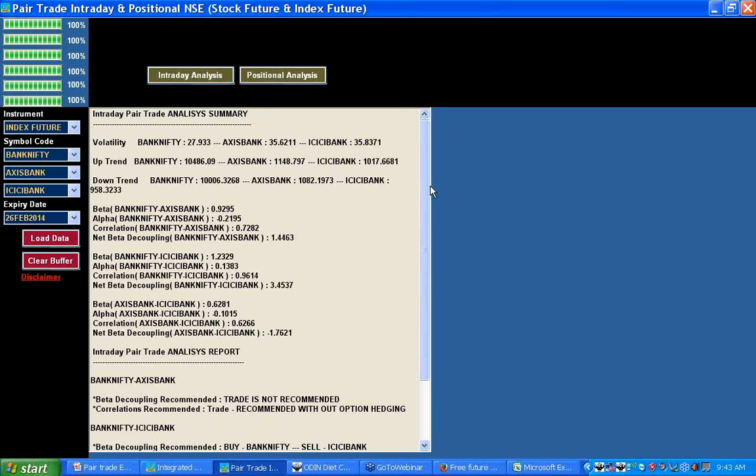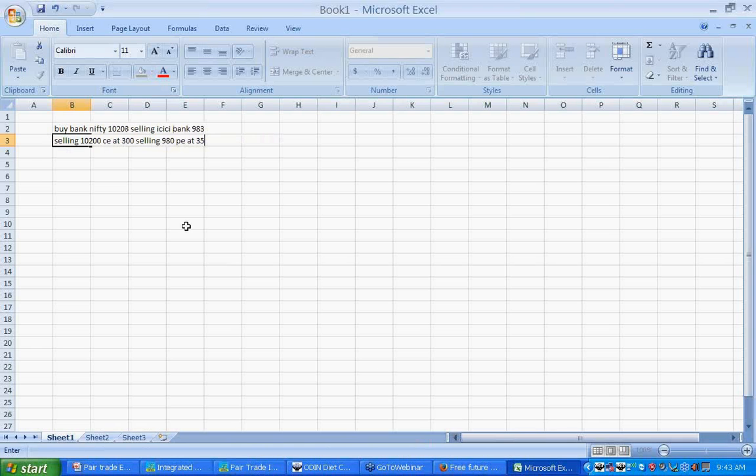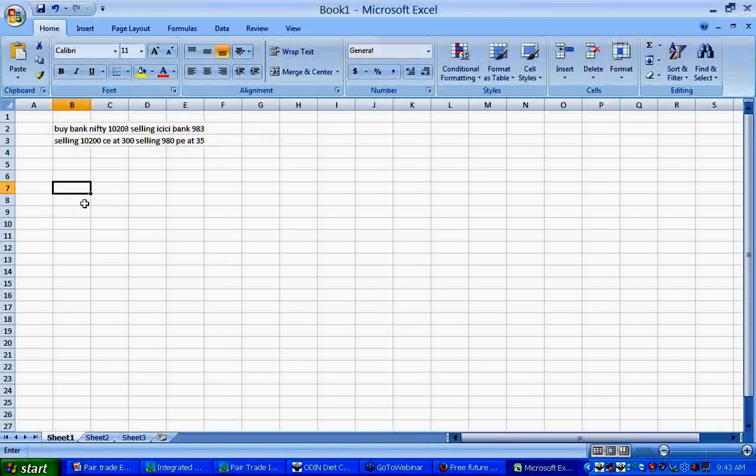However, if you ask me how I will book the profit on an intraday basis, I am taking the volatility of these two instruments. One is 28%, another is 36%. Bank Nifty is 28%. This is 36%. This is annual volatility. If I divide it by the square root of 365, I will get the daily volatility.